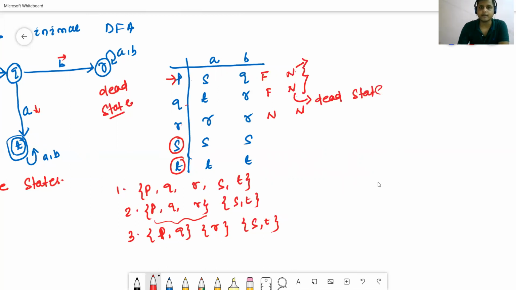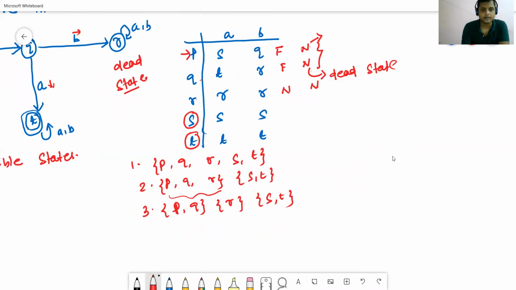So we will separate P and Q states. Next, this is the R state and this is the S, T state.